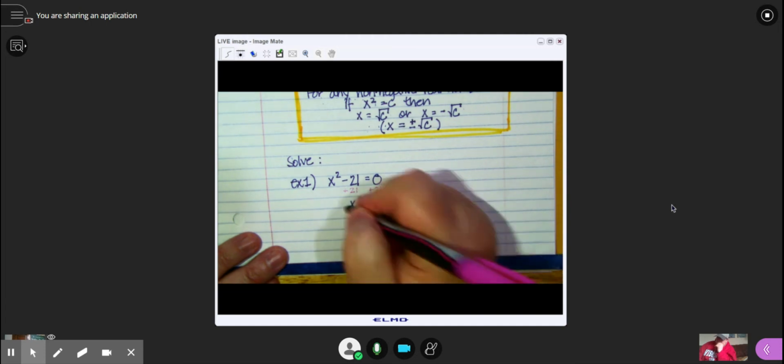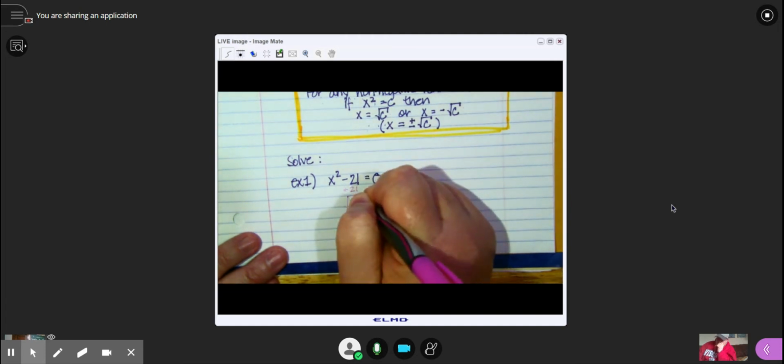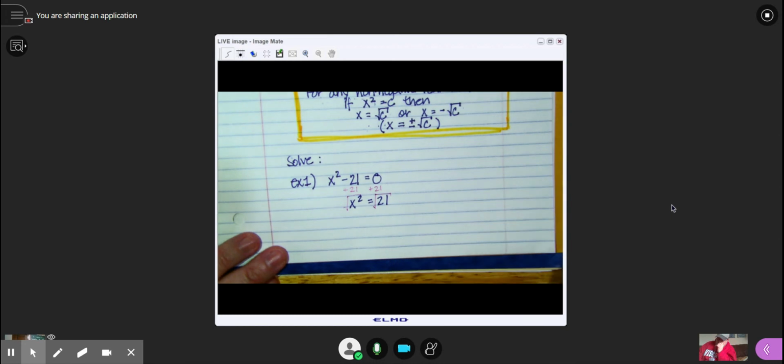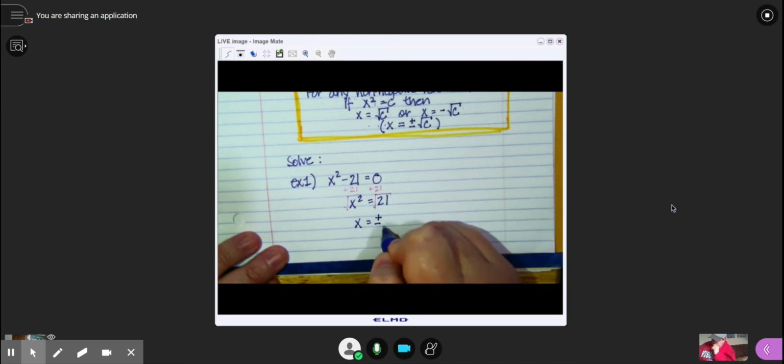And now when I take the square root, the square root of x squared is just an x, and I will get a positive negative square root of 21.